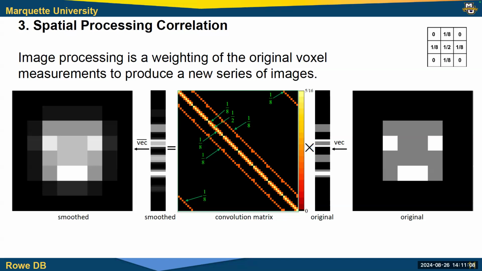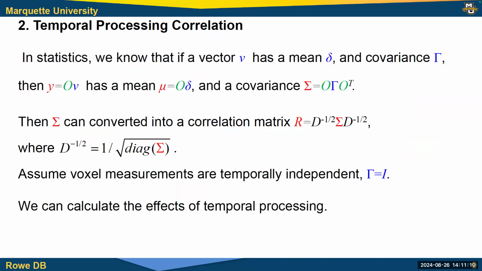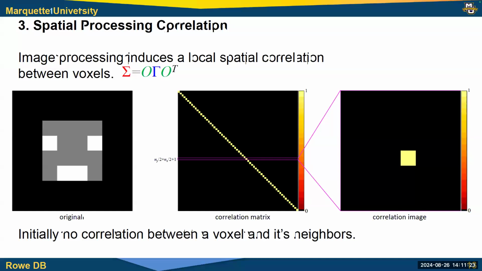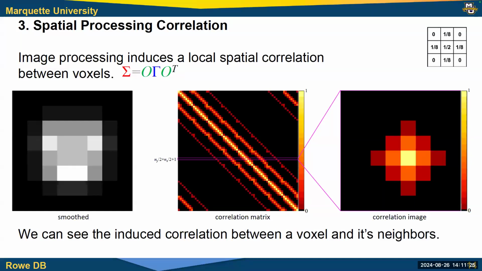Exactly the way described here on slide 9, where we can form a covariance matrix with that O convolution matrix and turn it into a correlation matrix. And so we can look at the effects of this smoothing, and we can see that we've induced a local correlation between the voxel of interest, which turns out to be this middle one, but it's the same correlation for any voxel that we choose, and the local neighbors. Okay.